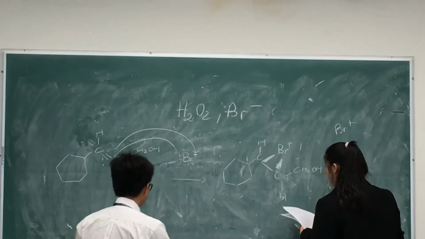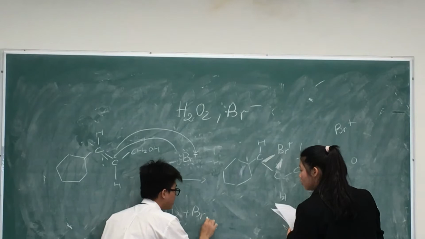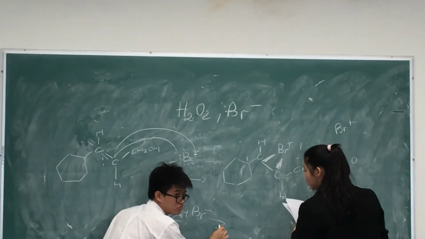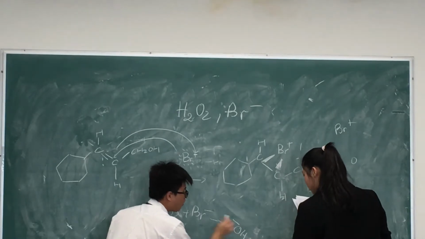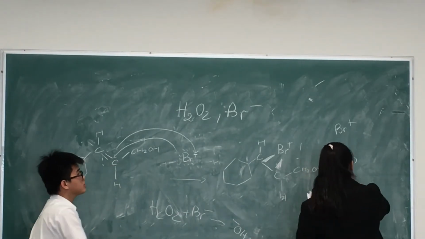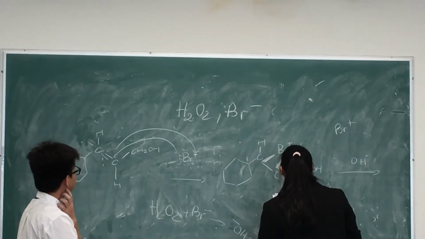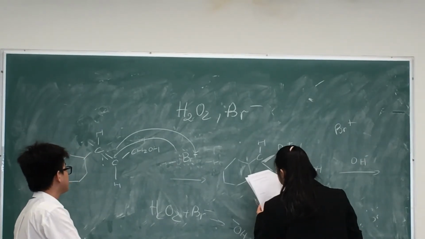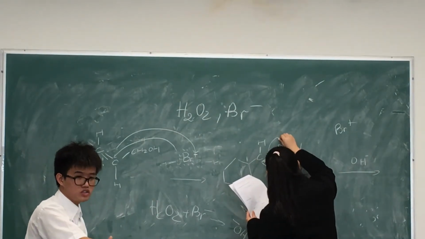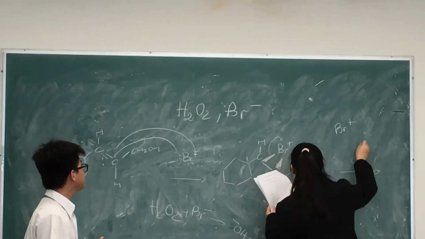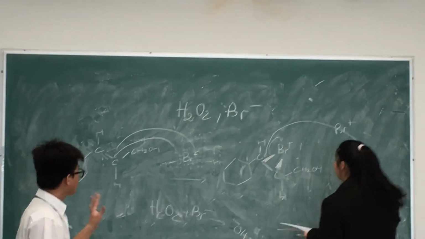Yeah, so after H2O2 reacts with Br minus, right? They will form water. Actually no, OH minus, OH minus. OH minus is actually a stronger nucleophile, right? It will attack. Okay, and break that one.